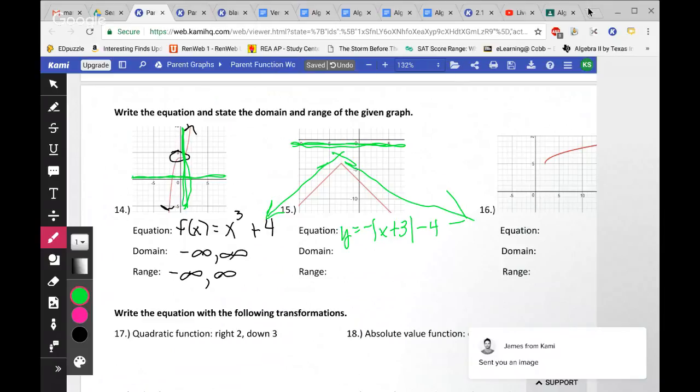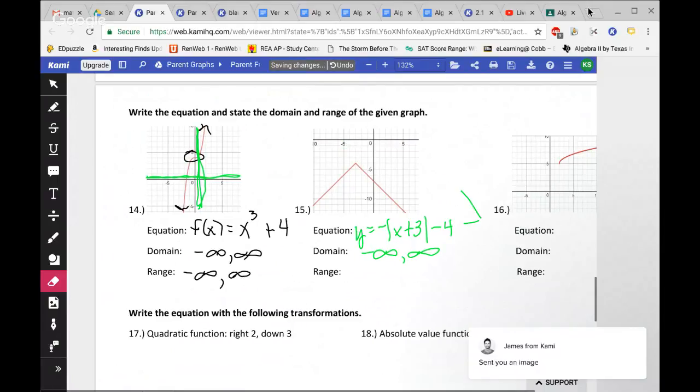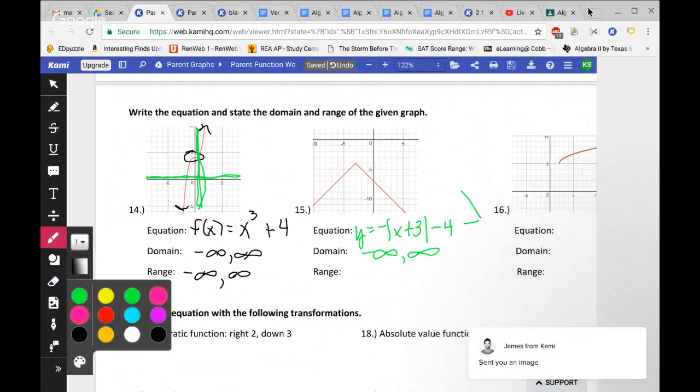Mm-hmm. Okay. So your domain are the x's, and it's going to be forever and ever going on and on. However, the y, not so much. The y goes this way. So this y way up here, that's not a possibility, is it? No. This y here isn't a possibility.